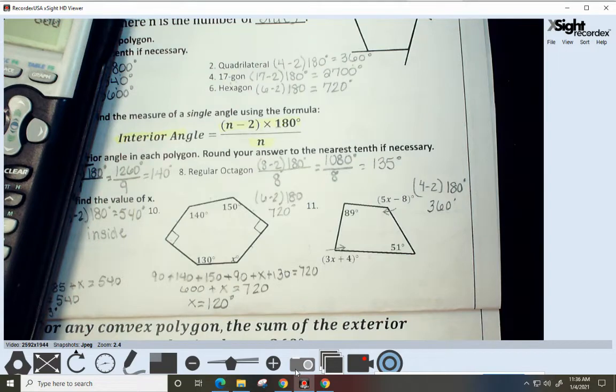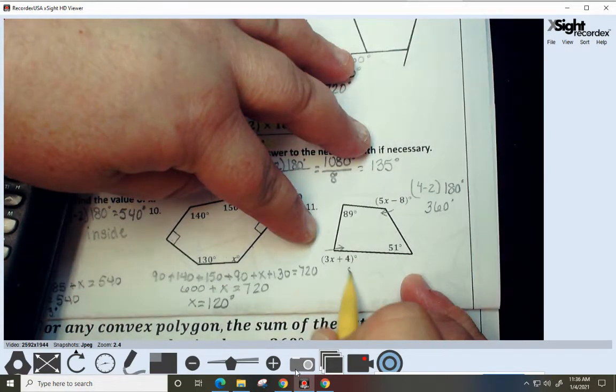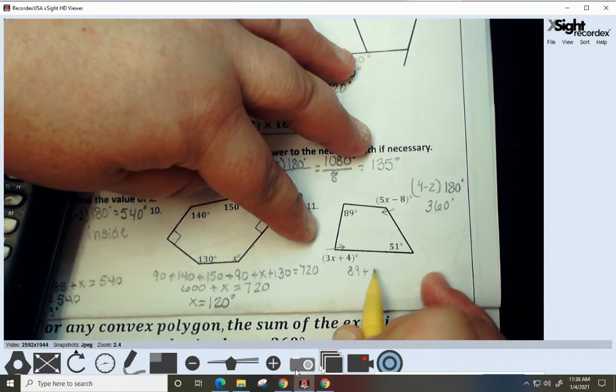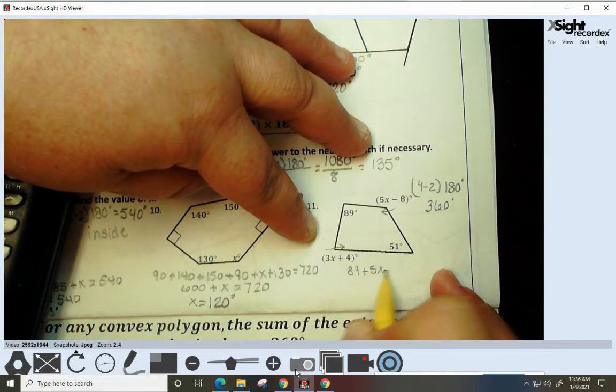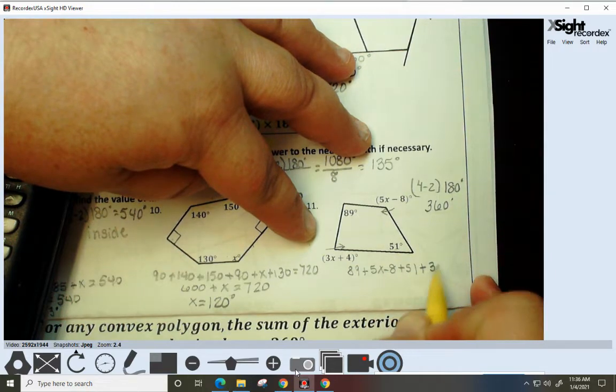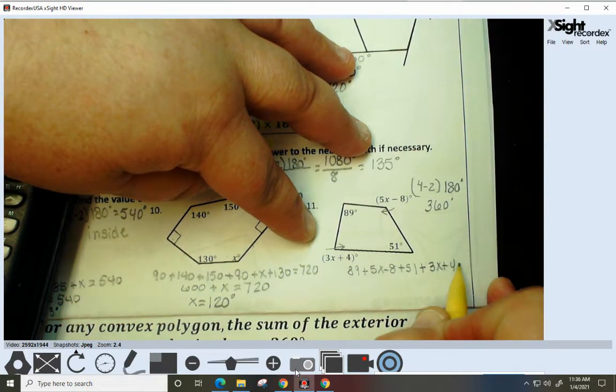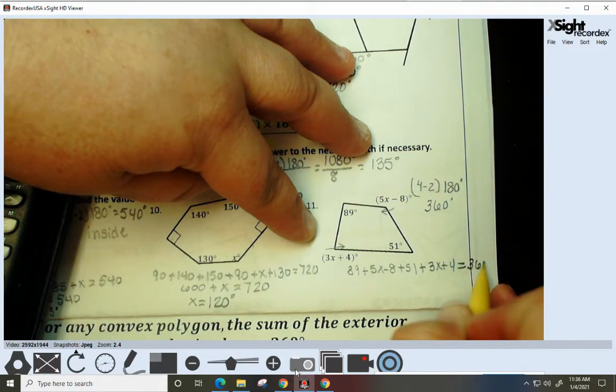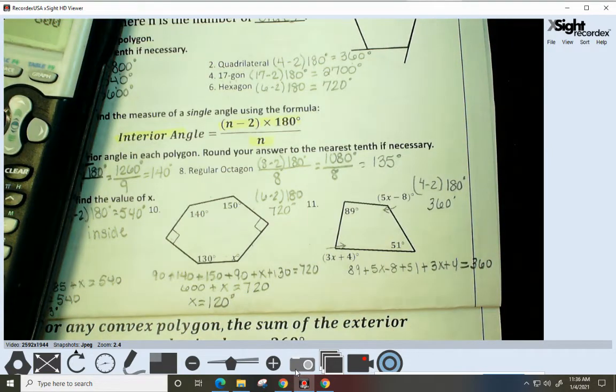So what I'm going to do is add all these things up. I'm going to get 89 plus my 5x minus 8 plus my 51 plus my 3x plus 4 is all going to equal 360 degrees.